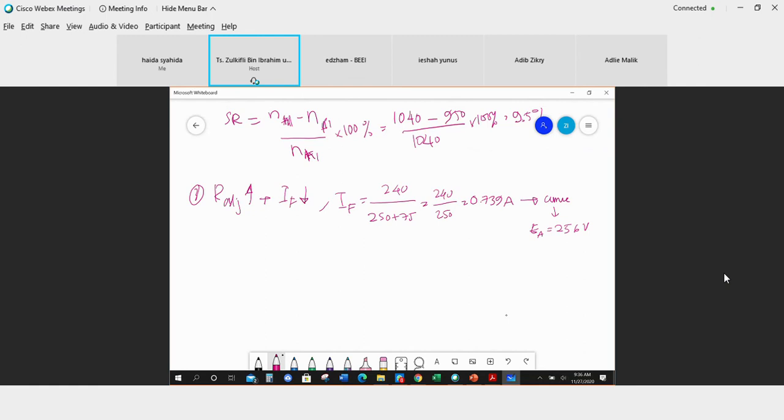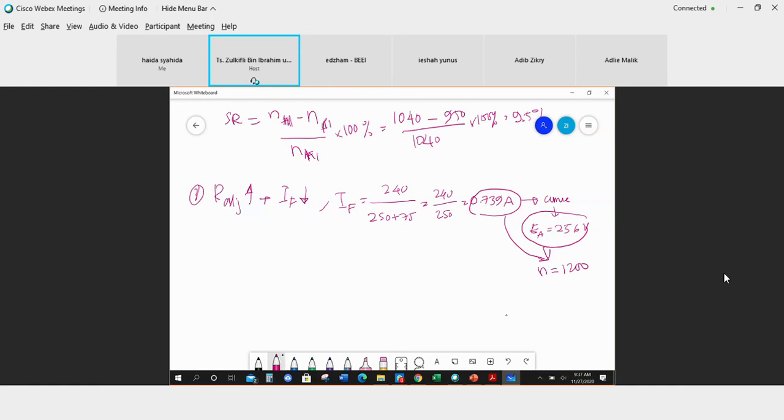0.73 ampere. And then to find the new speed of the machine is running now, you need to find EA dekat curve dulu, and then kita boleh calculate balik to find the new speed. So this value from the curve is when the machine is rated at 1200 running.